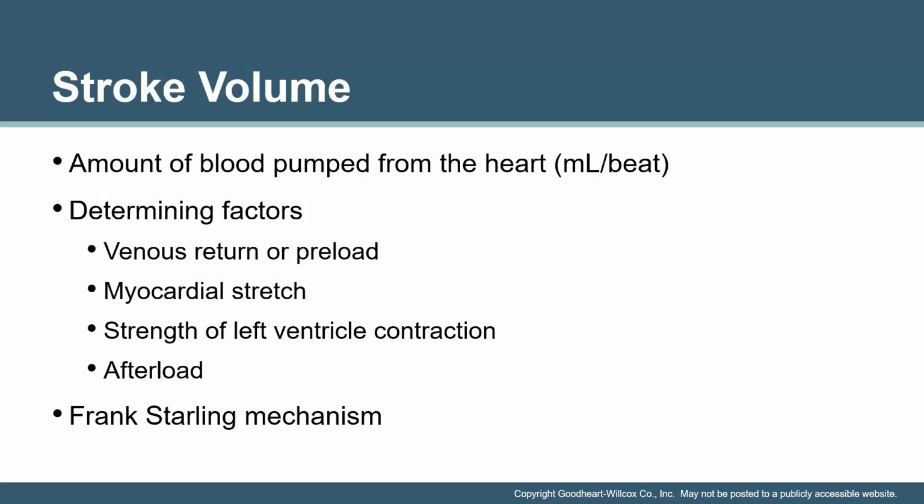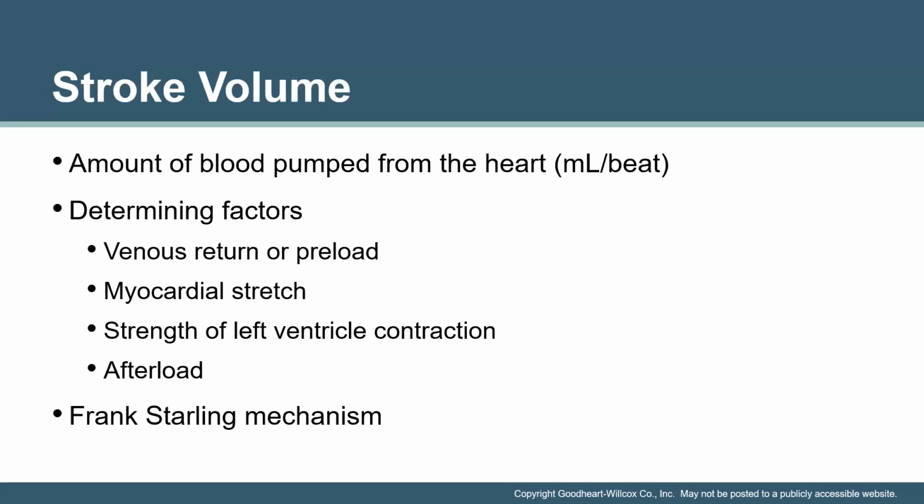When we're talking stroke volume, this is the amount of blood that's pumped from the heart. So this is measured in milliliters per beat. Stroke volume is determined by 4 factors: the amount of blood that returns to the heart during diastole. This is venous return, or what we call preload.